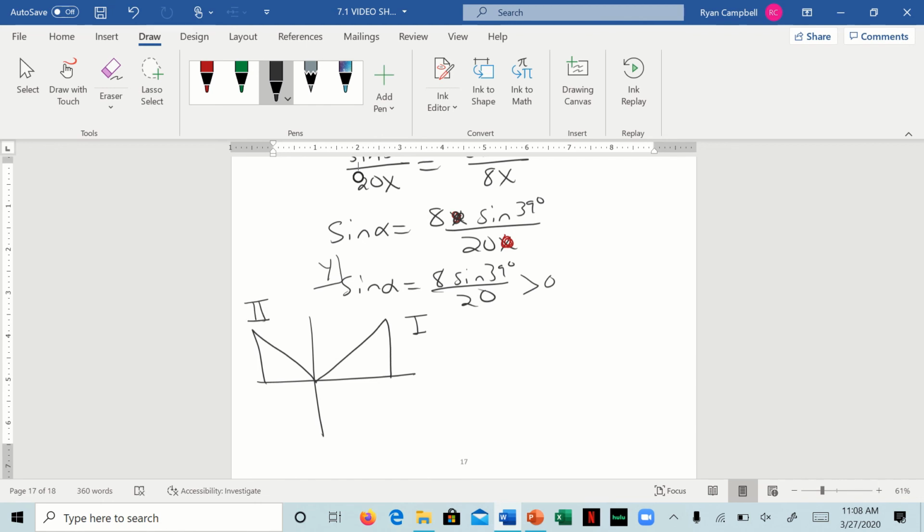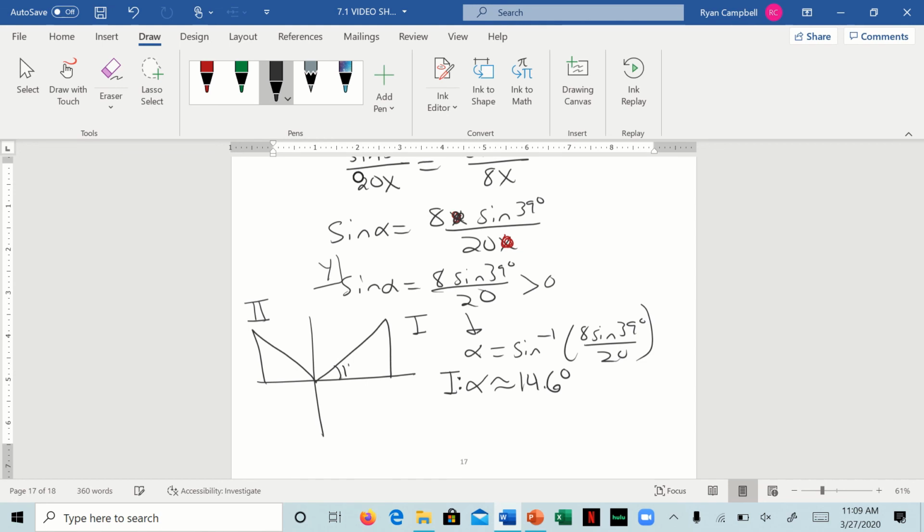So when we plug it back into our other form, we get that alpha is the inverse sine of 8 sine of 39 degrees over 20. If we plug that into our calculator, we see that alpha is going to equal 14.6 degrees. However, that is just for the first quadrant, right?